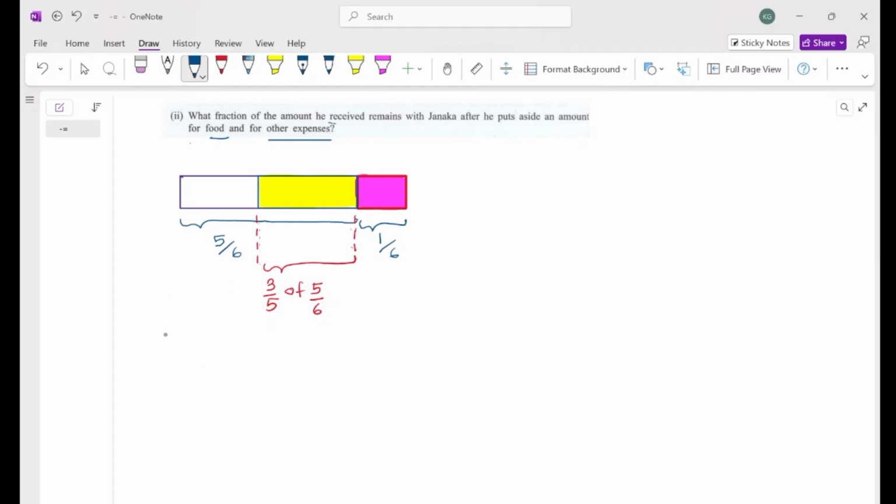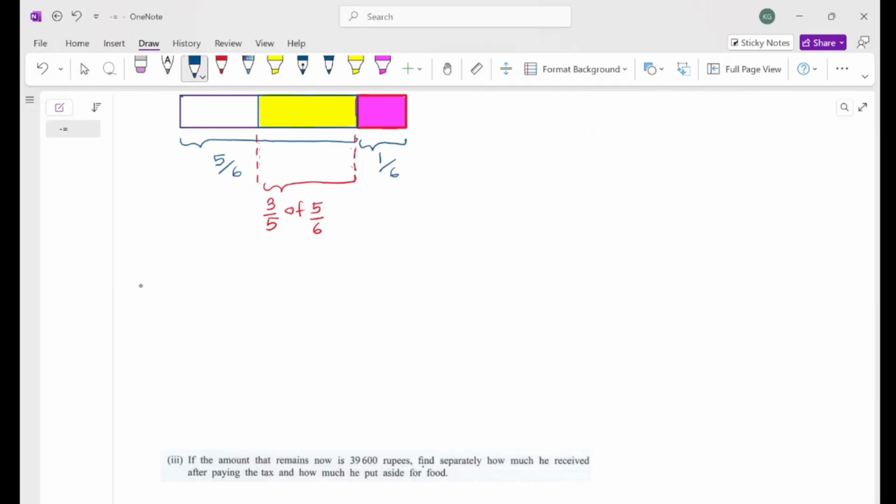Now let's find that amount, the fraction for other expenses.